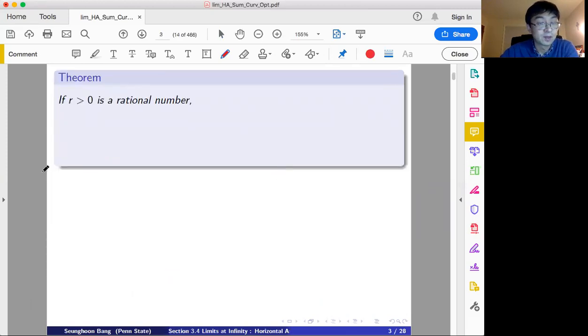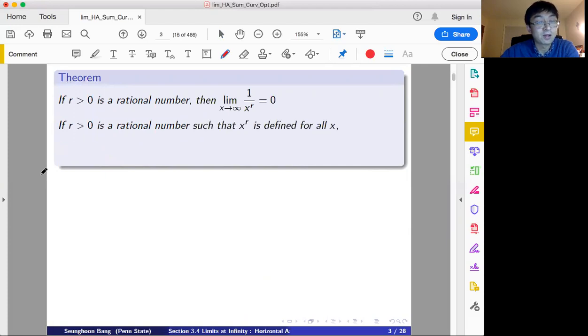So theorem: if r is greater than 0 and is a rational number, then the limit of 1 over x to the r as x approaches infinity equals 0. If r is greater than 0 is a rational number such that x to the r is defined for all x values, the limit as x approaches minus infinity of 1 over x to the r is going to 0. So what does it mean?